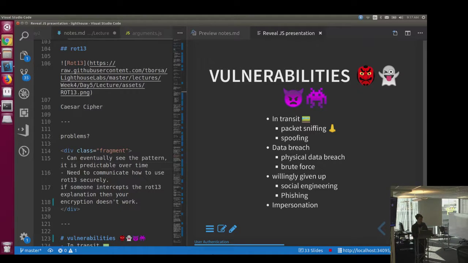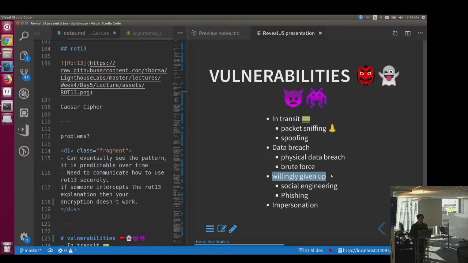If I come and steal your computer, maybe I have access to some of your data. There's also brute force things with passwords and security. Computers are day by day getting faster and faster at trying millions upon millions of combinations. You can brute force your way into something that's secure just by trying enough combinations in theory.